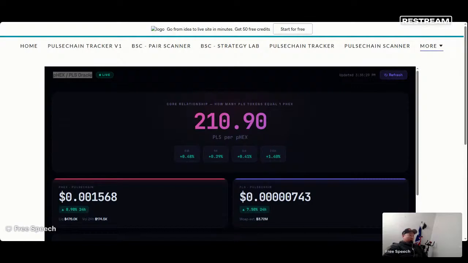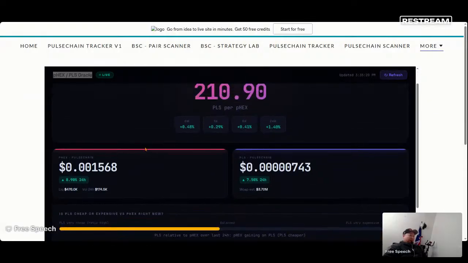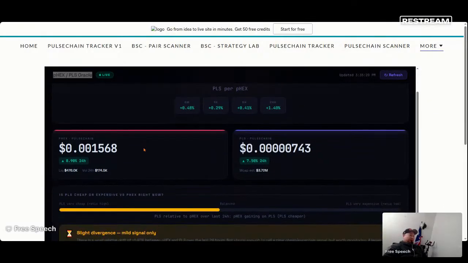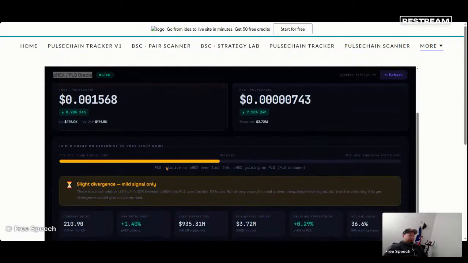This one here seems to have a large number at the top. It then has the price of pHEX, then the price of PulseChain, as you can see. Now it's developed a slight divergence, now mild signal only. I'm not sure how accurate these signals are.